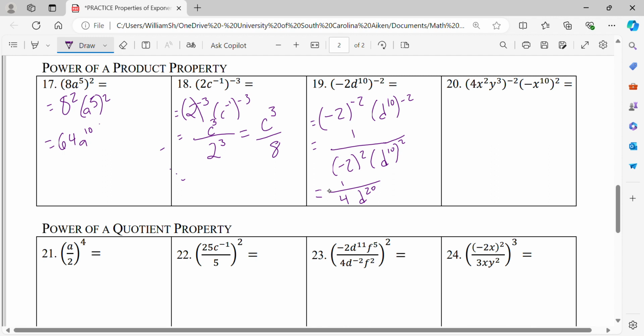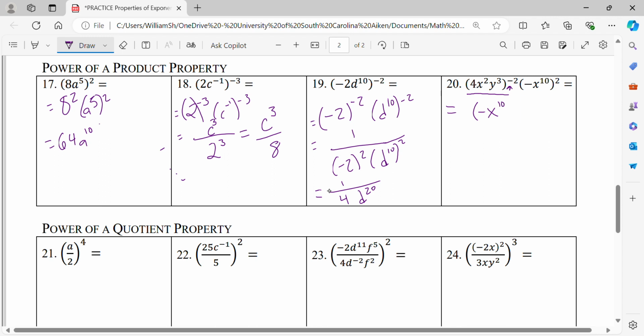Let's get a little more complicated as we go. Now let's look at number 20. Number 20 says 4 times x squared times y to the 3rd to the negative 2 power times negative x to the 10th power squared. Whew. Alright, let's look at it. The first thing I'm going to recommend doing here is I'm going to take this entire term and put it in the denominator so I can get rid of this negative.